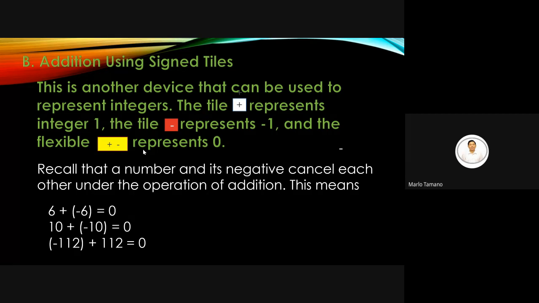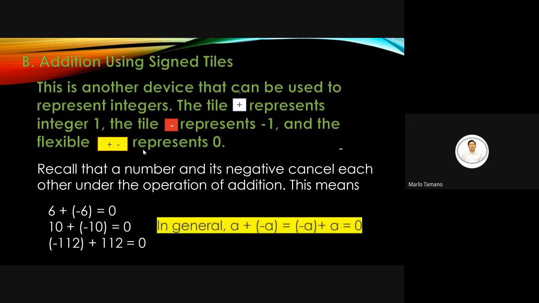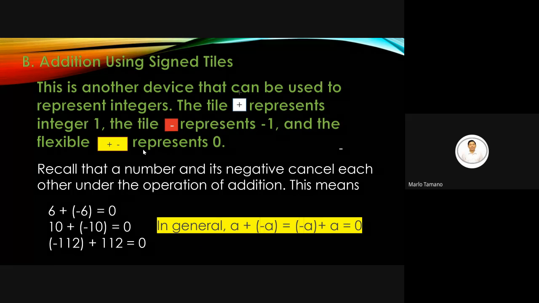Close, open. So 7 steps forward, 7 steps backward. That is the opposite we are talking about. So in general, a plus negative a is equal to negative a plus a.